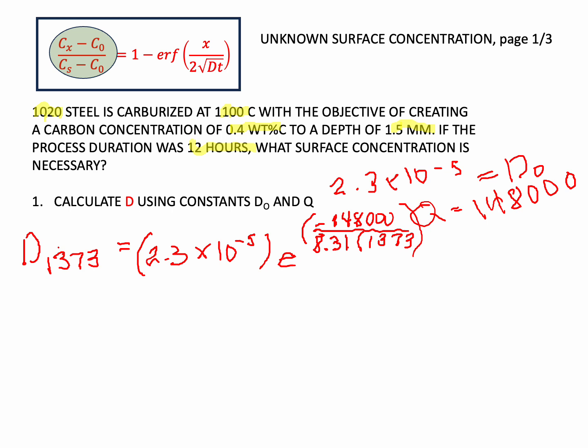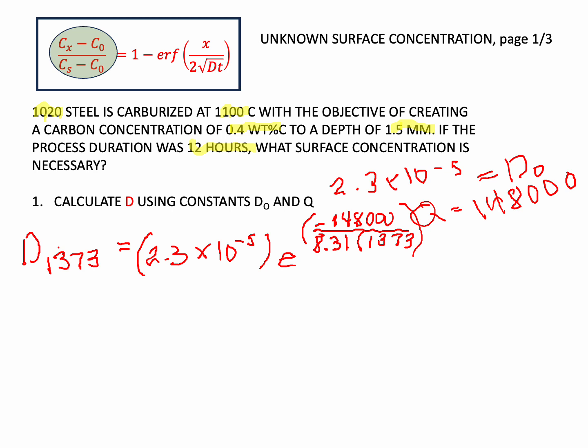So the power that e is taken to is 148,000 divided by 8.31 divided by 1373, and the negative of that. So I get negative 12.97 for that power.